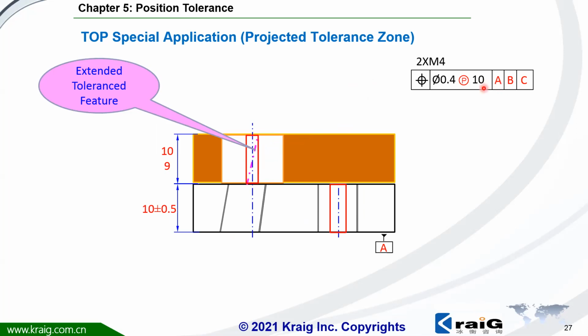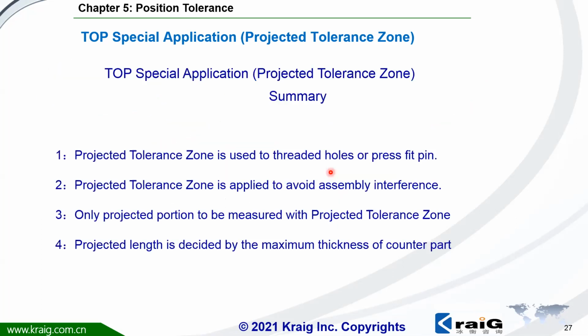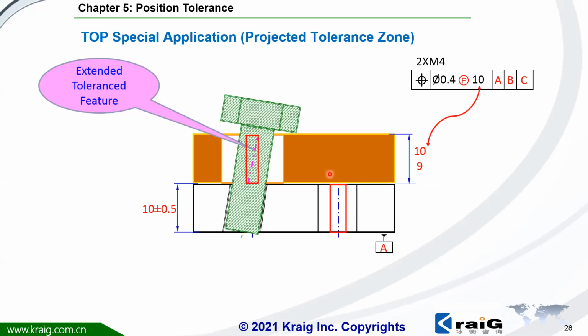Right? 10 means the projected length, equal to the maximum thickness of this part. Once we control this portion, there's no more interference. Projected tolerance zone is widely used for a threaded hole to simulate the extended portion of the bolt.